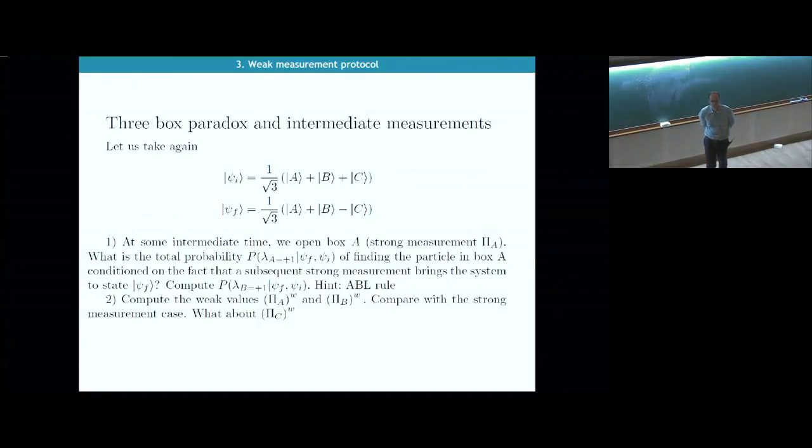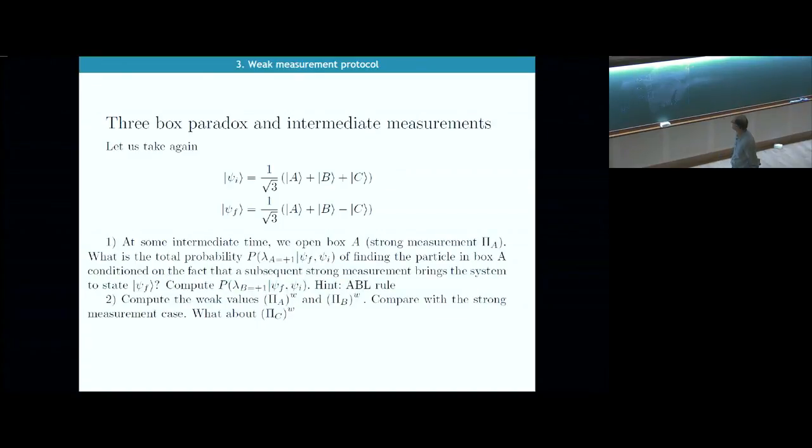So we want to compute the probability of finding the particle in box A, conditioned on the fact that a subsequent strong measurement will bring the system to the state psi A. So we start from state psi I. We make a strong measurement here, and then we will make another strong measurement, and we are only interested in the cases in which the strong measurement leaves us in state psi A.